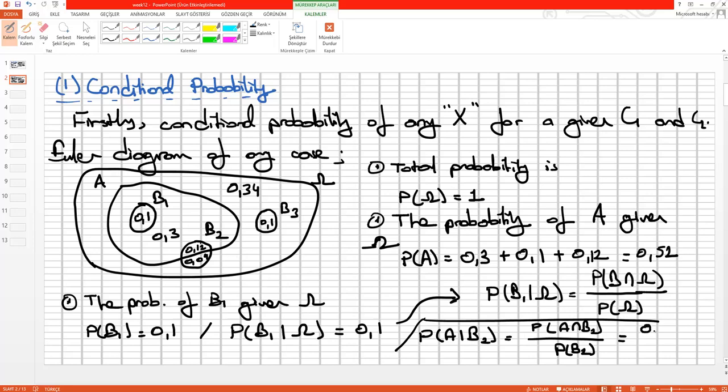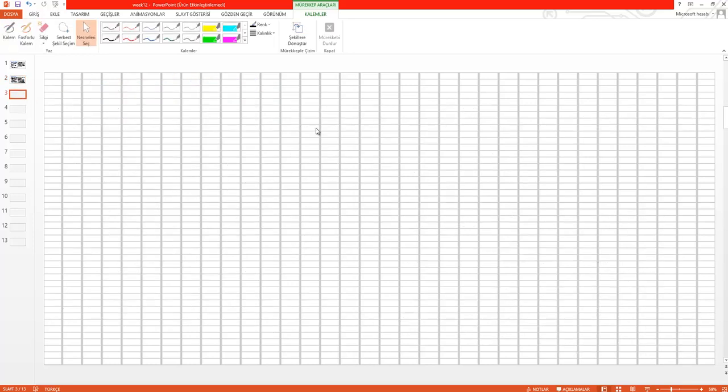Okay, and so this must be written in here like this one, because it's the intersection points, but the B2 probability is equal to 0.12 plus 0.04. Okay, and so this equals 0.75. Okay, this is the conditional probability for a given event in here, and so we can calculate it with respect to the given condition. We must always use this notation in order to create the R representations.